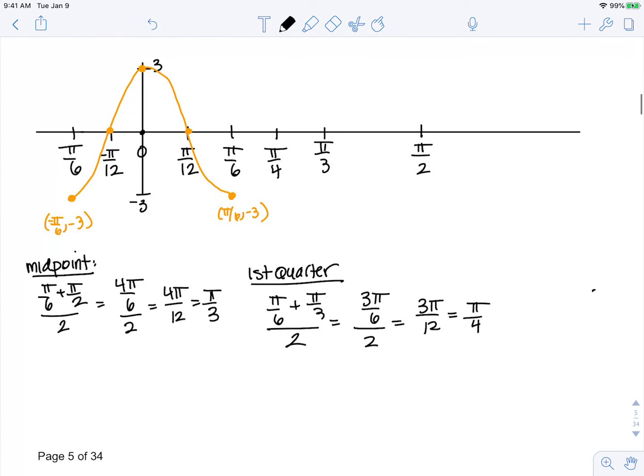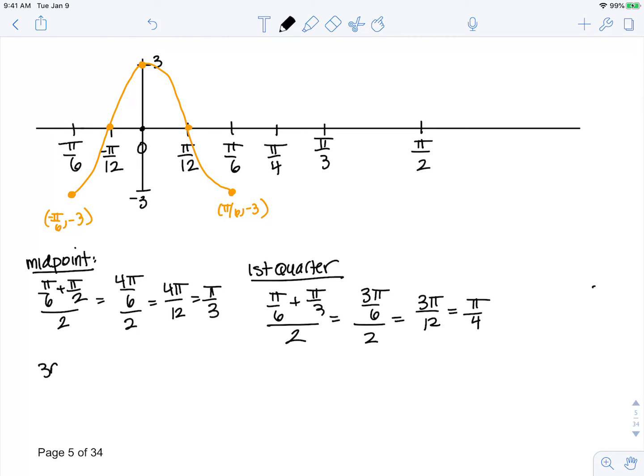And now for that 3/4, I'm going to call it third quarter, right? I need to find the midpoint of pi over 3 and pi over 2. So that's pi over 3 plus pi over 2 divided by 2. So that's 2 plus 3, 5 pi over 6 over 2, or 5 pi over 12.